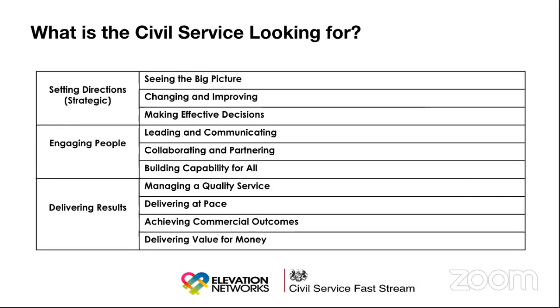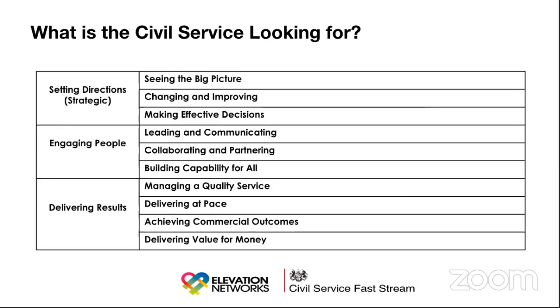And moving on to the next aspect of the competencies, it's engaging people. With this, it looks at 3 key areas: leading and communicating, collaborating and partnering, and building capability for all. At the leading and communicating stage, it's about showing pride and passion for public service and communicating purpose and direction with clarity, integrity, and enthusiasm.